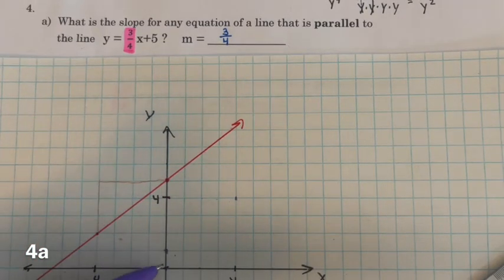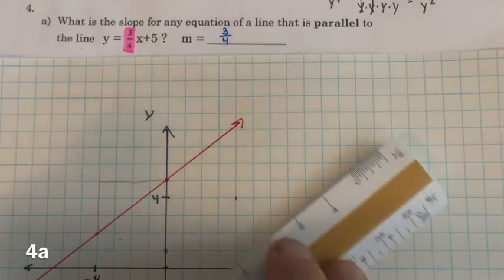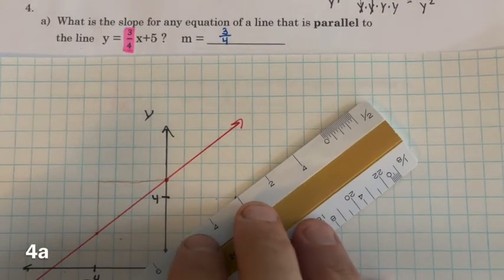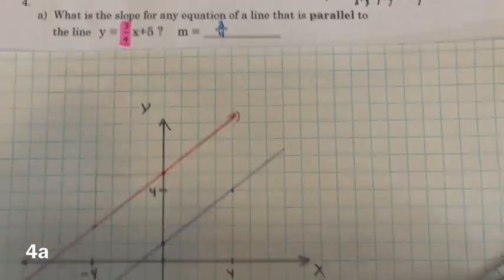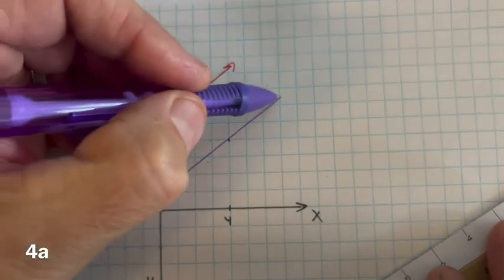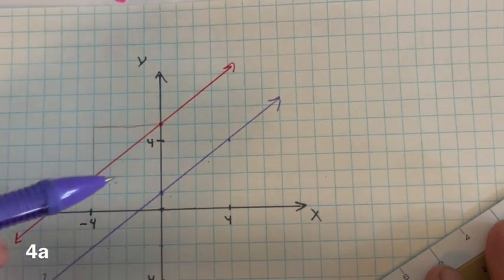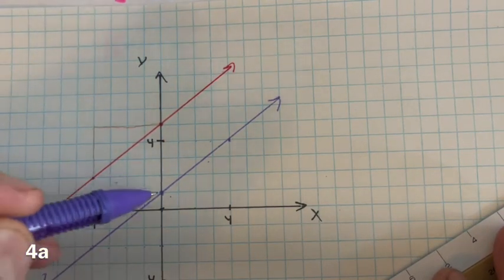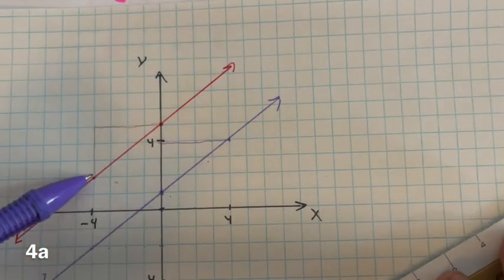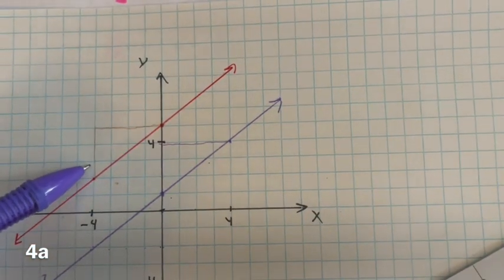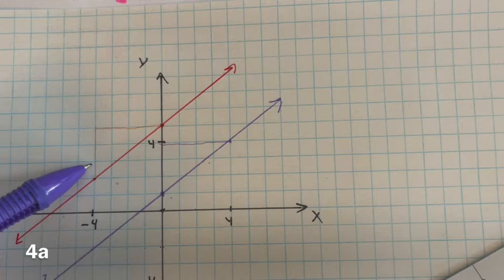Or negative 3, negative 4. And you can see that these two lines are parallel to one another because they have the same rate of change. Rise 3, run 4. So if they have the same rate of change, the same slope, they are parallel to each other.